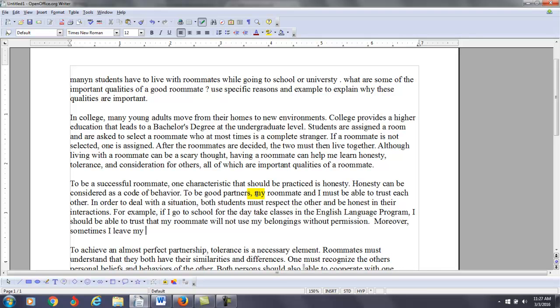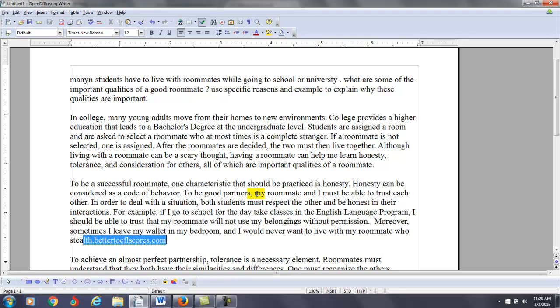You might say, I leave my wallet in the bedroom and I would never want to live with a roommate who steals my money.